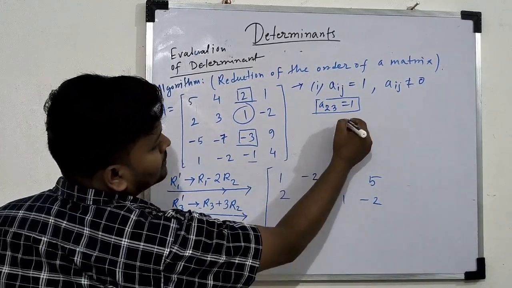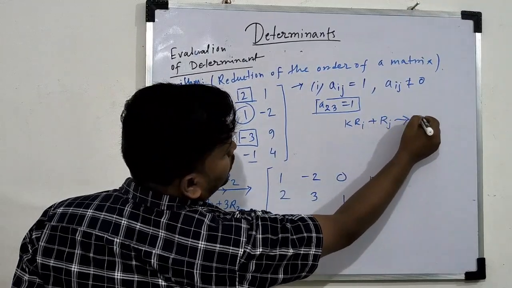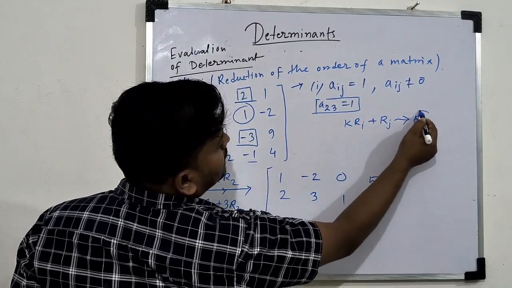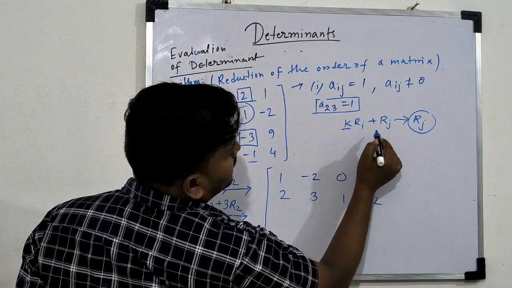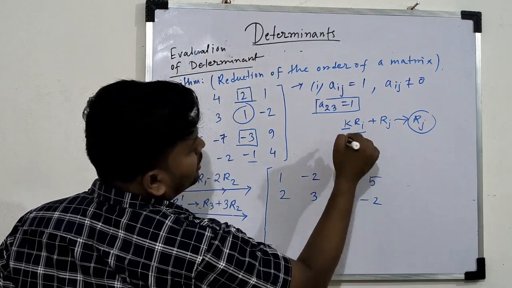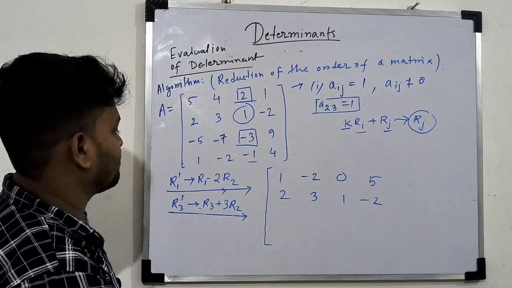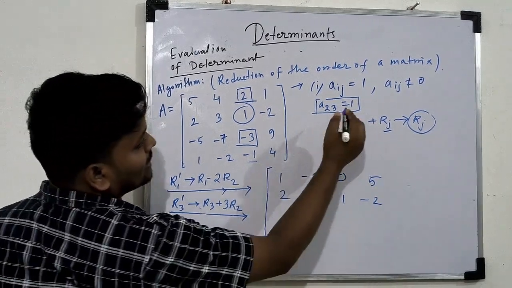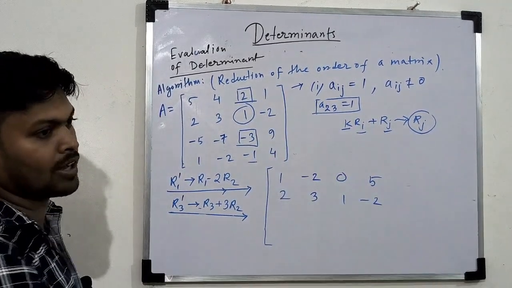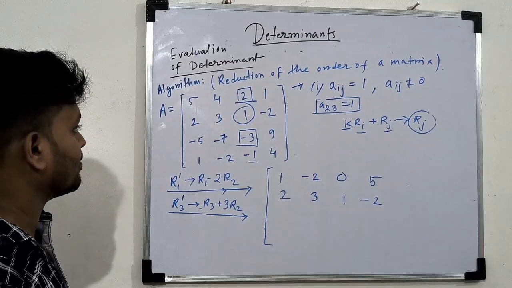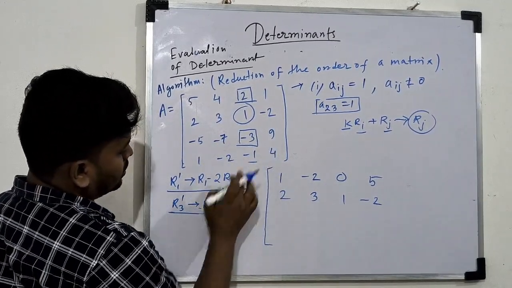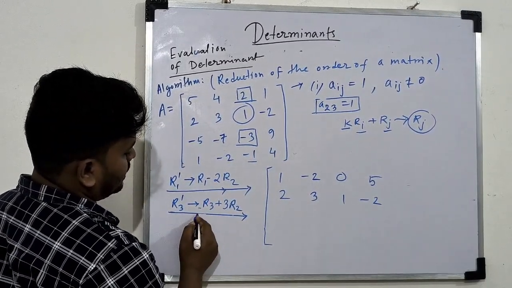So this was the operation: we replace rj by k ri plus rj. So we can multiply the other row by k, but rj has 1 into rj. So this is the rule. Then the determinant of the new matrix will be the same. So to make this 0, we apply this operation.